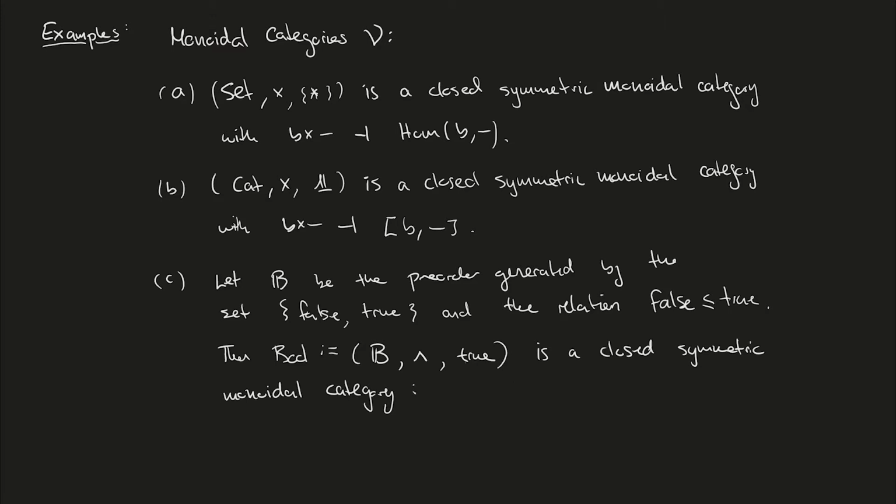Why is that? Well, we have, for example, that true and false is equal to false and true, since the operation AND is symmetric. But this holds for any truth values that we would insert there. That is, the operation AND is symmetric.